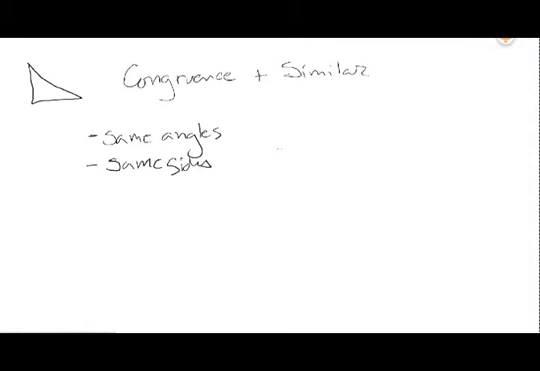Okay. So, for example, we're talking about congruence right now. I have a triangle that's 30, 60, 90. Here's my 90 degrees. Here's my 60 degrees. And here is my 30 degrees. We're going to pick some arbitrary lengths.